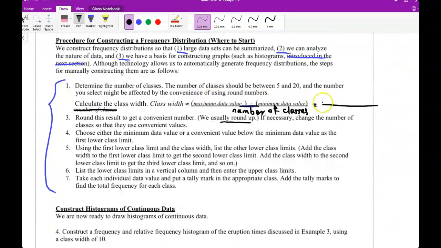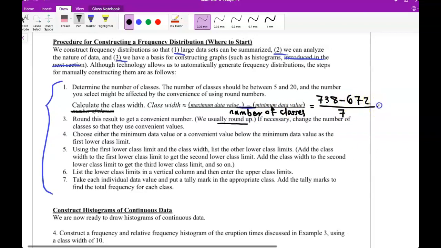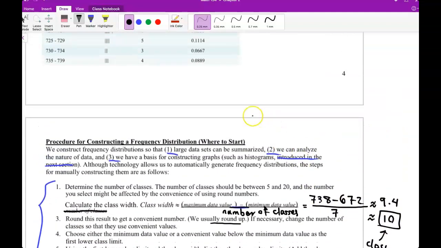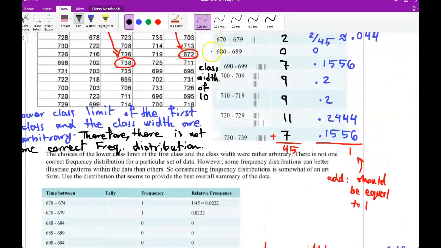So use those two numbers: 738 minus 672 divided by the number of classes, which is 7. So here is 9.4. I don't want to have a decimal number, so round this up to 10. So this is our class width. Here we got exactly the same number that we had on the first part. Class width was 10.